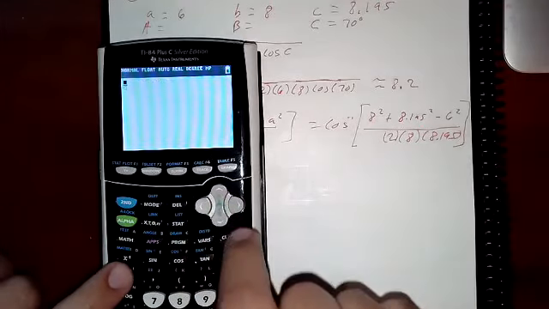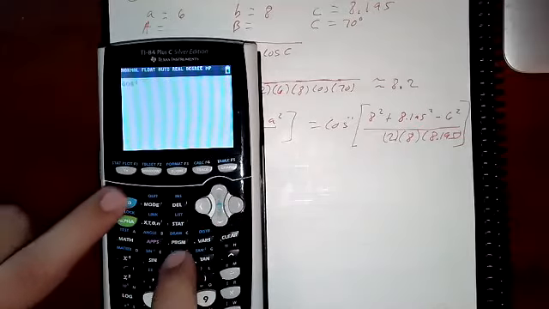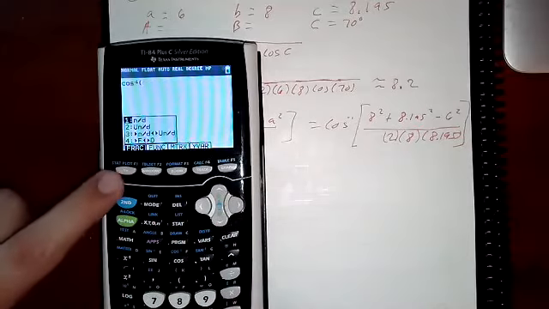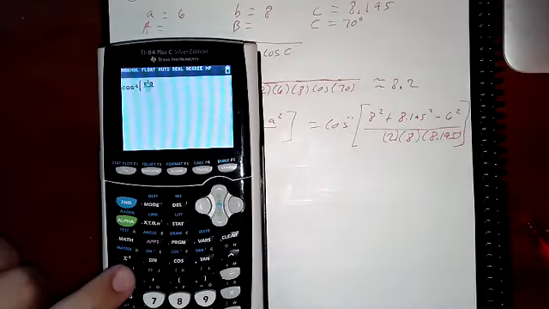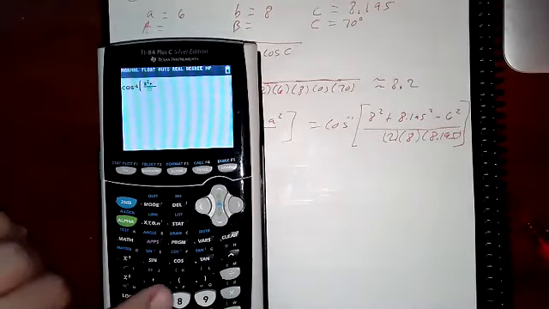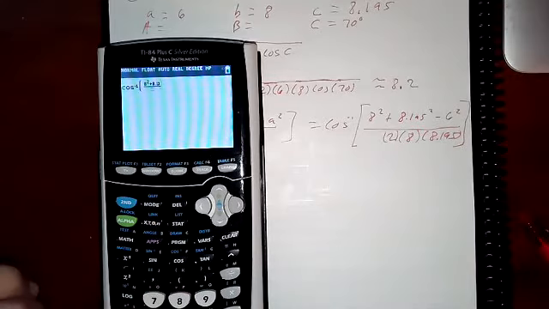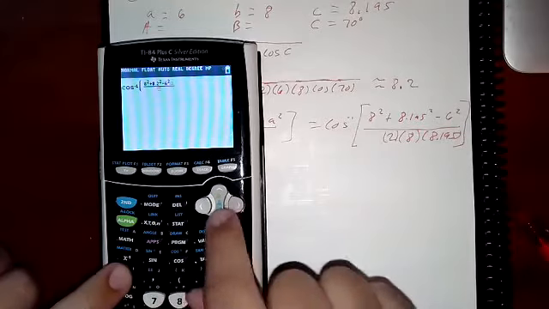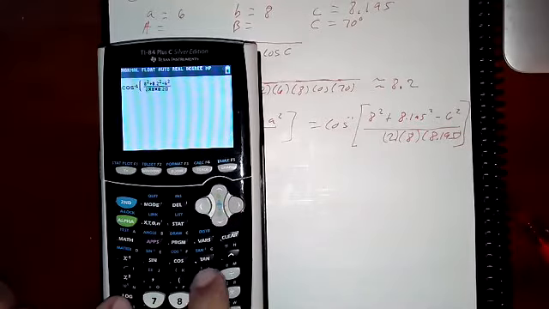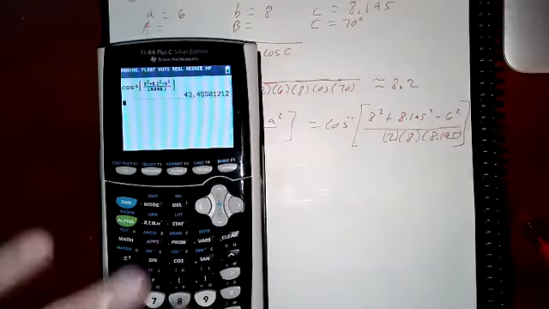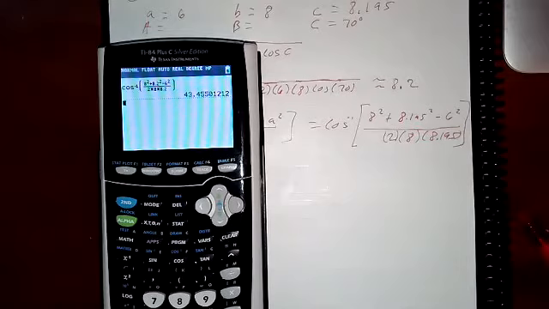8 squared plus 8.2 squared minus 6 squared over 2 times 8 times 8.2. All right, let's see what the answer is.